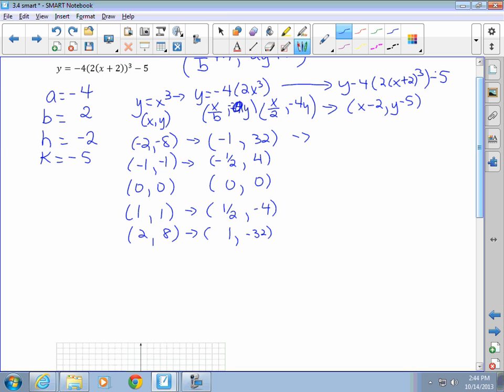So -1 minus 2 is a -3. 32 minus 5, 27. -1/2 minus 2 is -2.5. 4 minus 5 is -1. 0 take away 2 is -2. 0 take away 5 is -5. 1/2 minus 2 is -1.5. -4 minus 5 is -9.